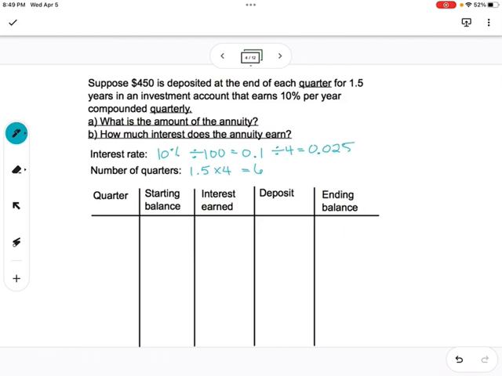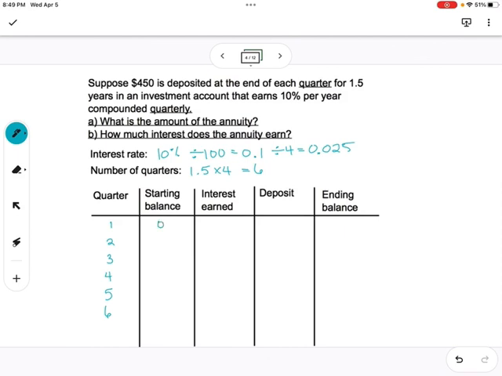Okay, so with our chart here, we're going to have 6 quarters that we are calculating for. Okay. So again, we are having money deposited at the end of each quarter, meaning our starting balance is 0.